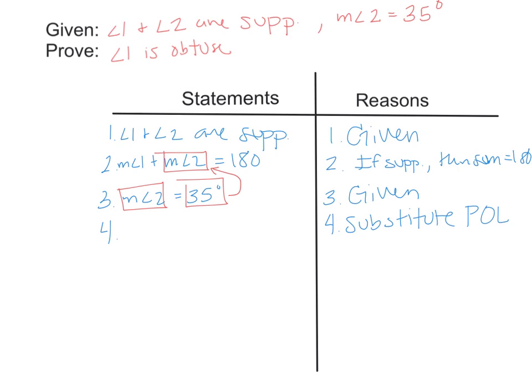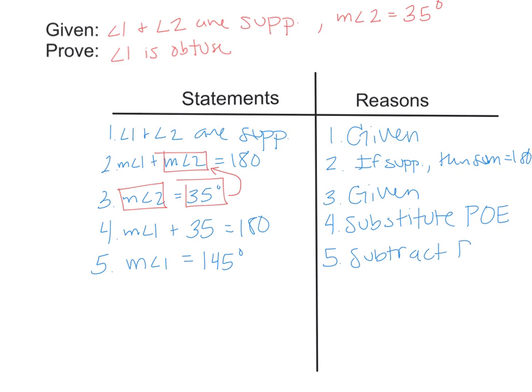Substitute POE. So measure of angle 1 plus 35 equals 180. And now if any of you got that problem, you would know that you wanted to subtract 35. Measure of angle 1 equals 145 by subtraction POE.